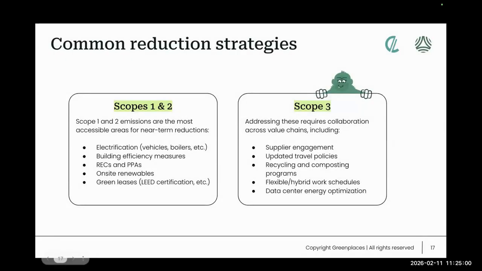Another point on common reduction strategies, I talked about this a little bit, thinking through when you're looking at your own operations versus your supply chain. But I will say that we get questions often about customized actions. What are the levers we can pull? And what I will say about scope one and two is that there's consistent guidance here.